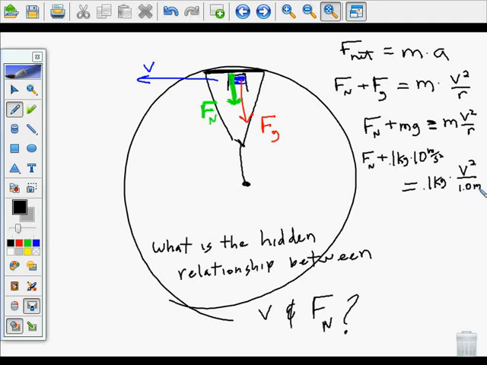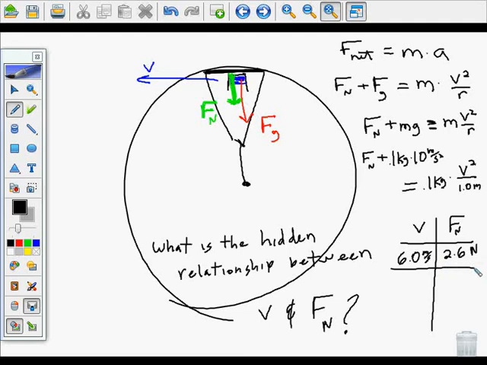We already calculated when the velocity was 6 meters per second. What did the normal force turn out to be at the top point? We did that before. Was it 3.6 or 2.6? 2.6.